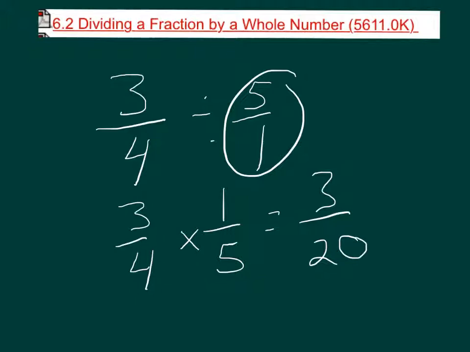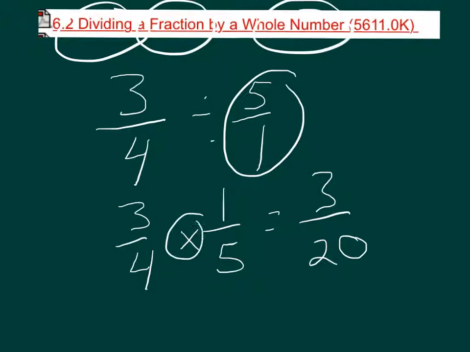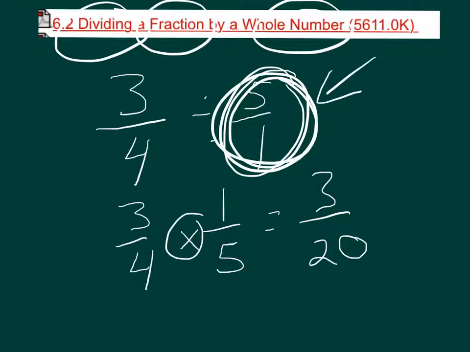My answer is 3/20. So the rule for dividing fractions by whole numbers is you multiply by the reciprocal of the second fraction. I had to flip 5 over 1 and make it 1 over 5. And then you just multiply them like you learned in the previous section on multiplying fractions.